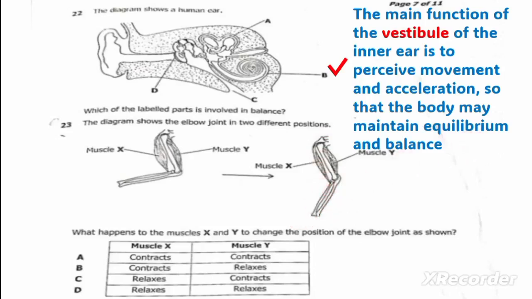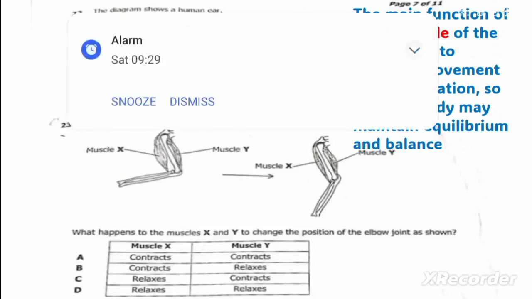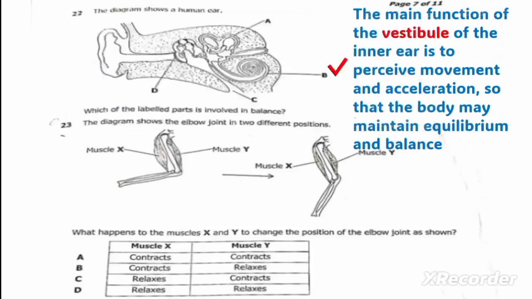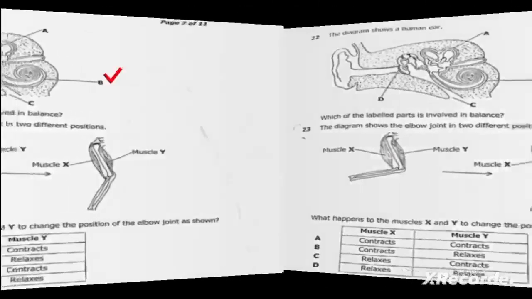The question continues, what happens to the muscles X and Y to change the position of the elbow joint as shown? Muscle X, muscle Y. A, contracts. So the first thing that we need to do is to identify muscle X and muscle Y.